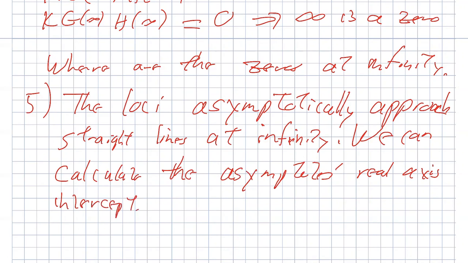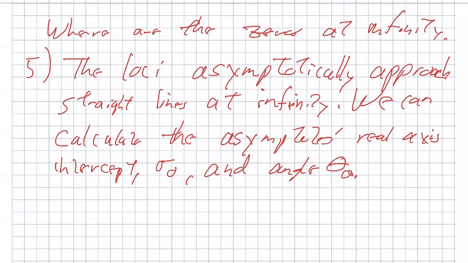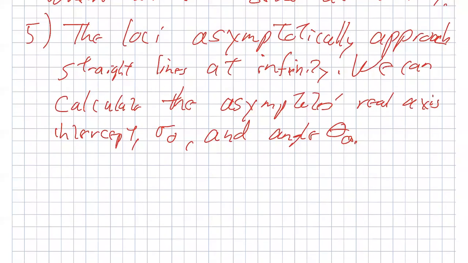Where do these straight lines cross the real axis? That's called sigma 0. And the angle, let's call that theta 0, because we use theta for a lot of different things.